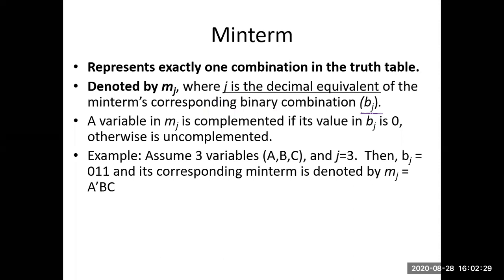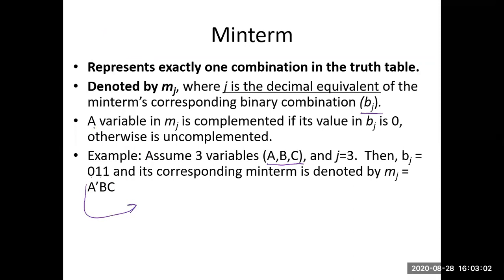Suppose I take one example: you have three variables a, b, and c, and j is 3. Then the binary equivalent of decimal number 3 is 0, 1, 1, and its corresponding minterm will be... Whenever you are dealing with minterms, if it is 0, you need to write the complement.